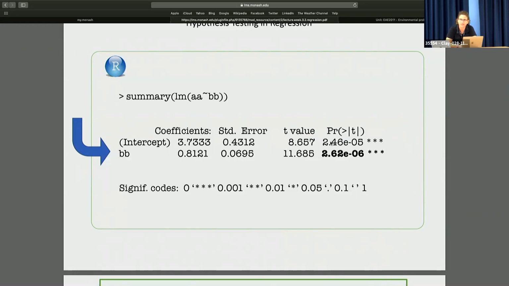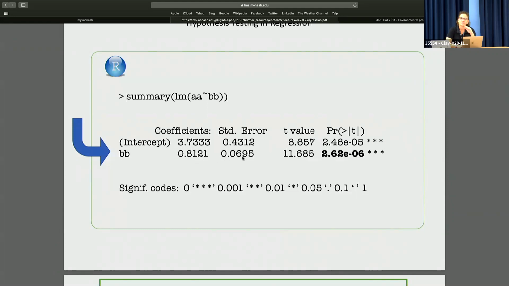I can significantly say the intercept is different to 0. But what I'm more interested in is this slope. So AA depends on BB in a positive way, and every change in BB results in a 0.8 change in AA. That's what this slope coefficient is telling me.